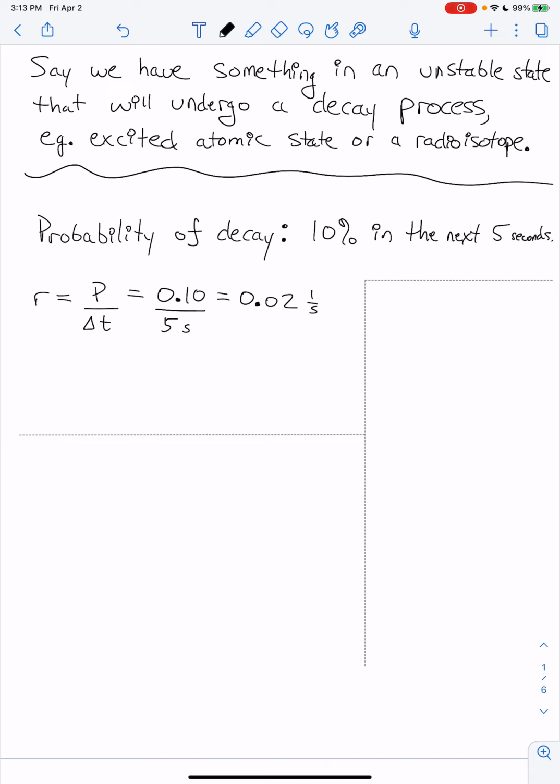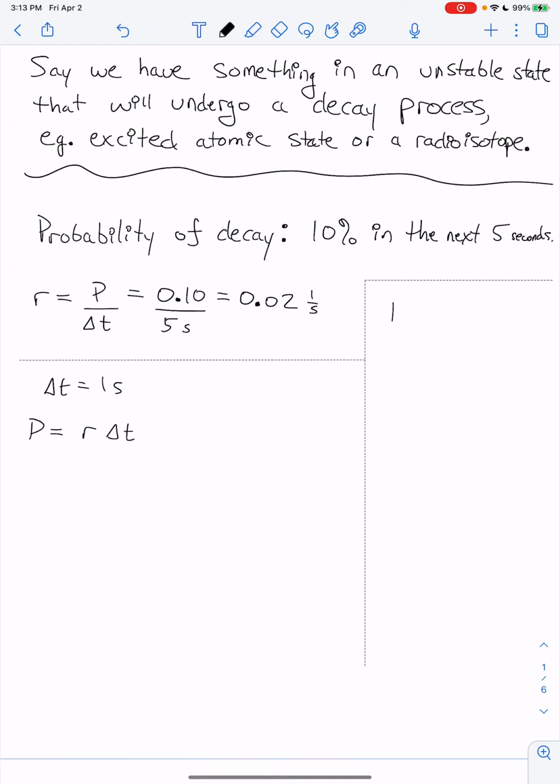That's effectively the probability of a decay in a second. If we were to put in 1 second here, we will get the probability of a decay in 1 second is 2%. Let's quickly note that. So if delta t is 1 second, then the probability is going to be equal to r delta t.